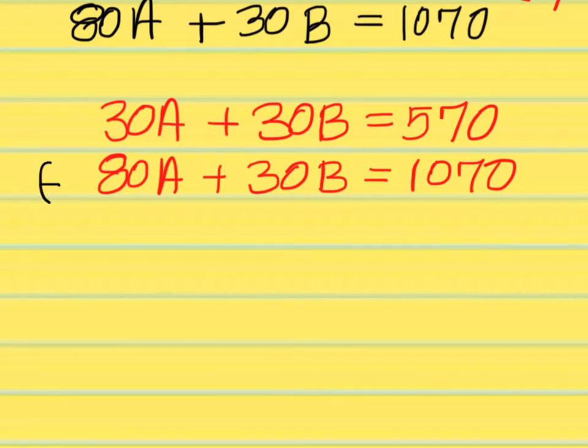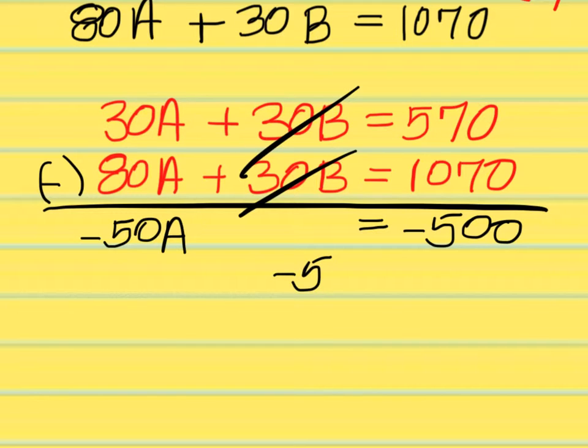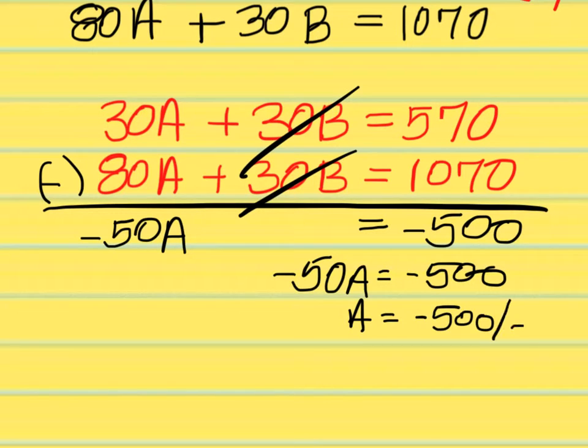I would have to subtract in order to get these to cancel out. 30 minus 80 is negative 50. And 570 minus 1070 is a negative 500. So negative 50A equals negative 500. You're going to divide negative 500 by negative 50 and come up with 10.